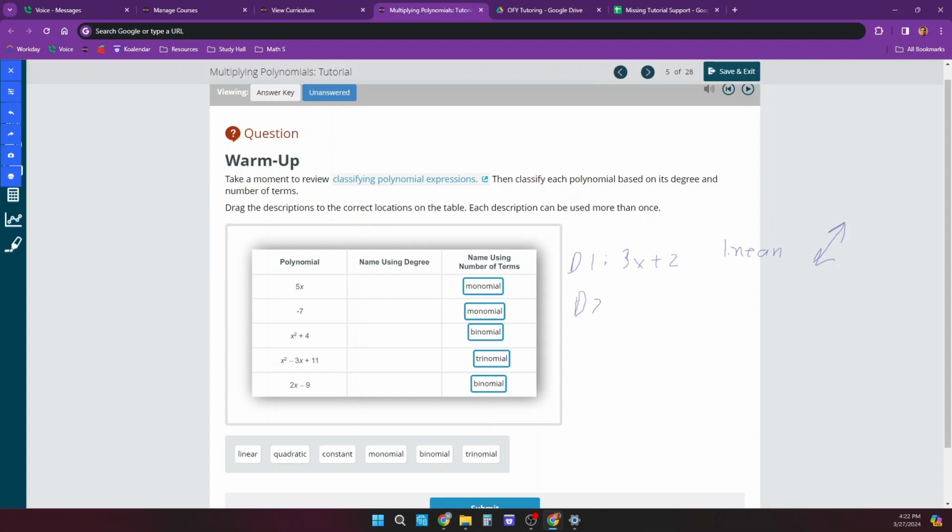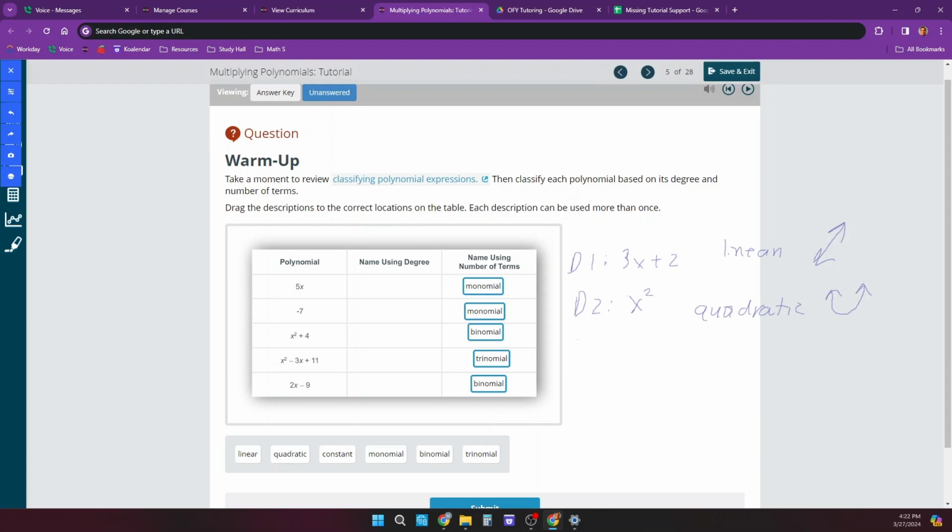A degree 2 polynomial, generally speaking, say we had, let's just go with the most basic x squared. This is a quadratic. And its graph shape is going to look like a U. Degree 3, all right, actually, we don't have any degree 3, so we don't have to get that far.